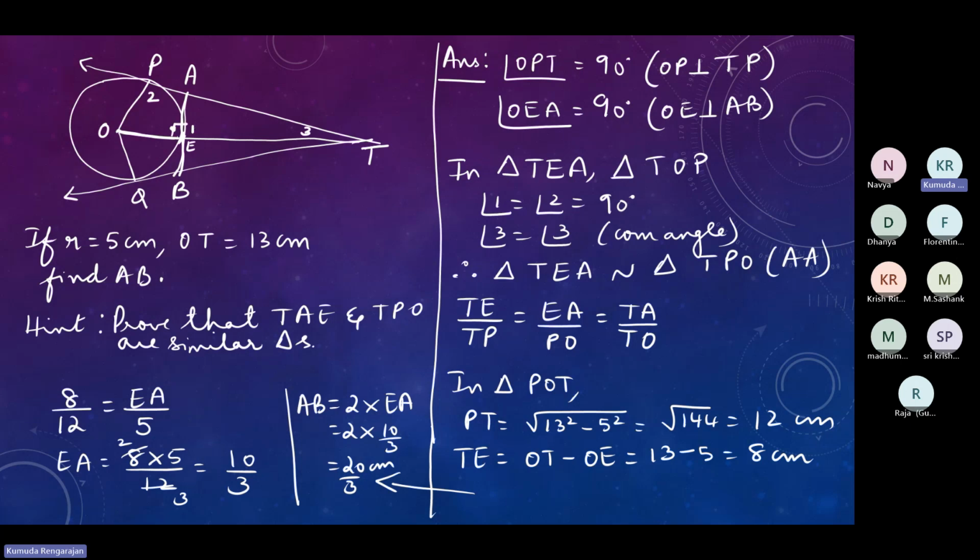Angle 2 is 90 because again radius OP is perpendicular to tangent TP. See, angle 1 is 90 because OE is the radius and AB is the tangent.